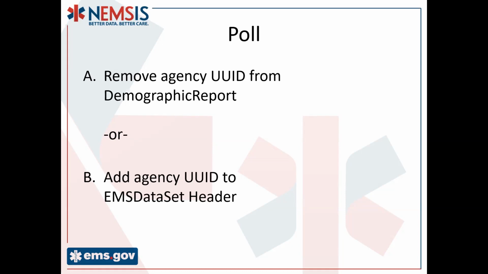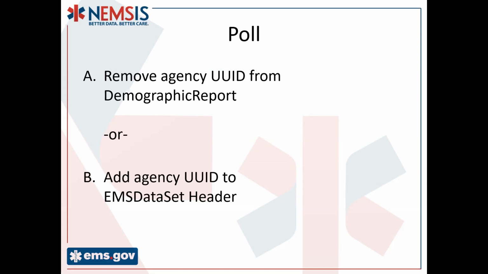We would go back to like we are in NEMSIS 3.4 in terms of identifying the agency itself. We would rely on the combination of state, agency ID, and agency number to identify an agency. Option B is we go ahead and keep that UUID at the demographic report level, identifies an agency, agency software product combo.